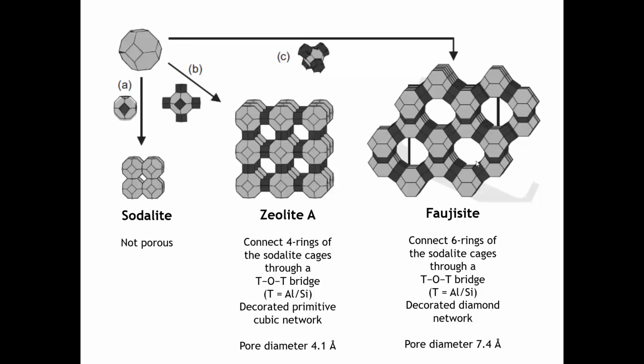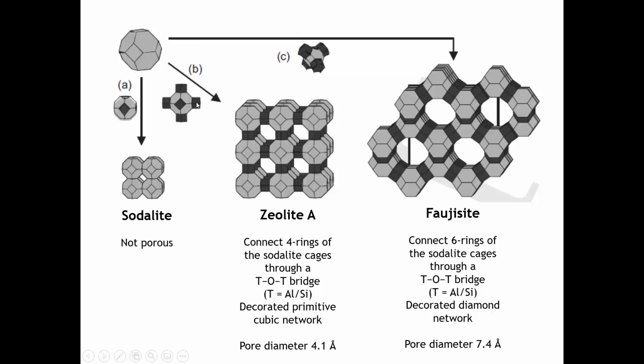So how do we take that sodalite cage, which is hollow in the middle of it, and make a porous material? The way that we're going to do that is we're not going to fuse the sodalite cages together so they share a common ring, but we are going to connect them through an oxygen bridge.